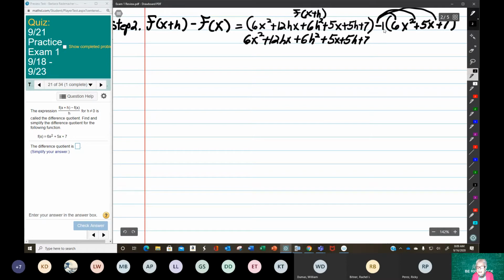It's just like multiplying by -1, which is basically what you're doing. This will be minus 6x squared minus 5x minus 7. Okay, now we're going to eliminate like terms because invariably you're going to have some like terms, like for instance, 6x squared and 6x squared. 6x squared minus 6x squared is 0.